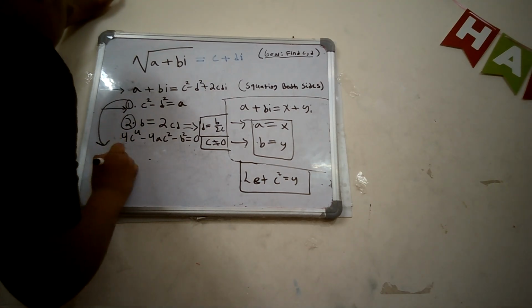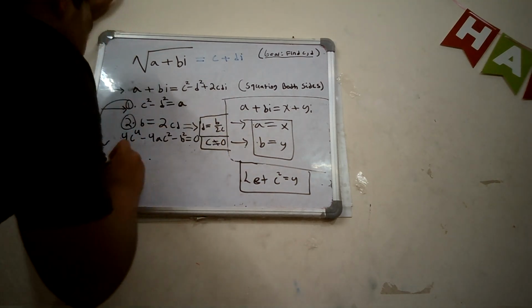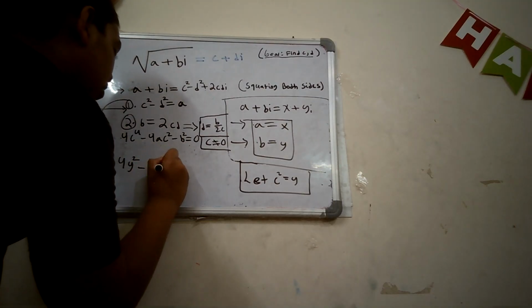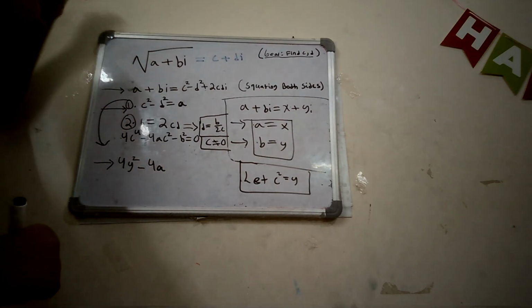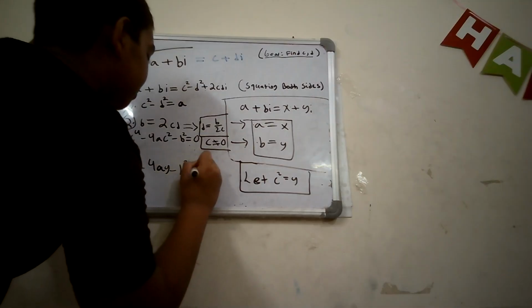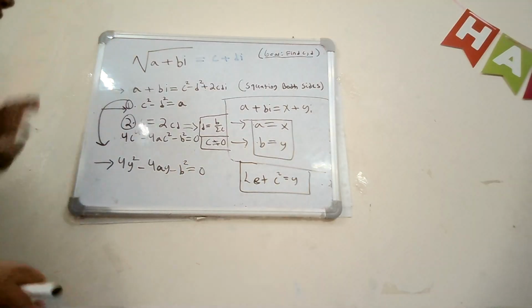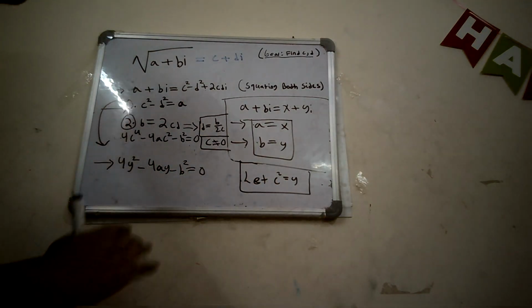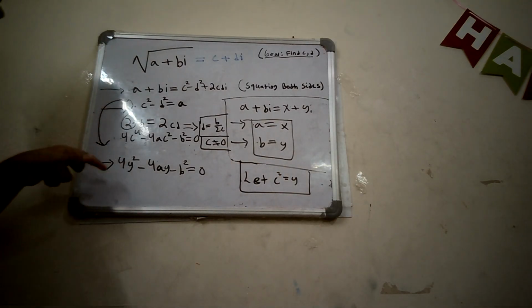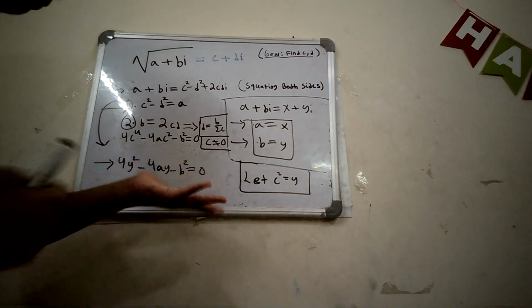Since c squared is equal to y, I can write this as 4y squared minus 4a y minus b squared equals 0. And we already established that a and b are constants. We just let c squared equal y, so y squared would be c to the 4th, y would be c squared, and b squared is a constant.